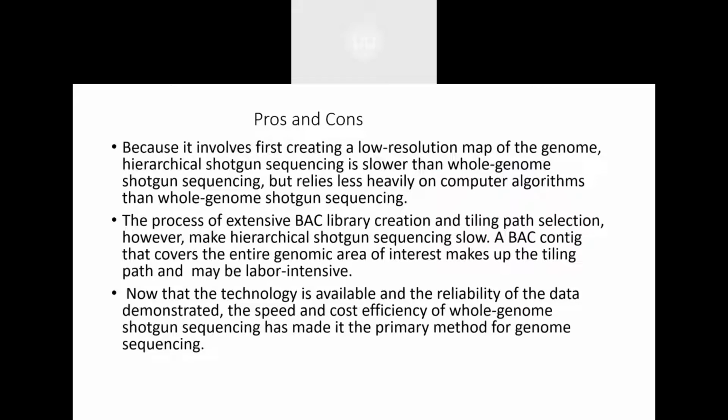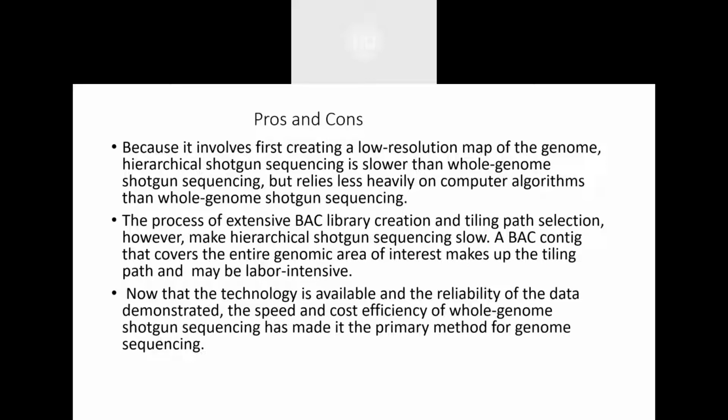Next, the pros and cons of hierarchical shotgun sequencing. Because it involves first creating a low resolution map of the genome, hierarchical shotgun sequencing is slower than the whole genome shotgun sequencing, but it relies less heavily on computer algorithms than the whole genome shotgun sequencing. Again, the process of extensive BAC library creation and tiling path selection makes hierarchical shotgun sequencing slow.